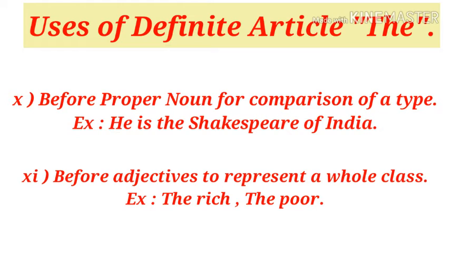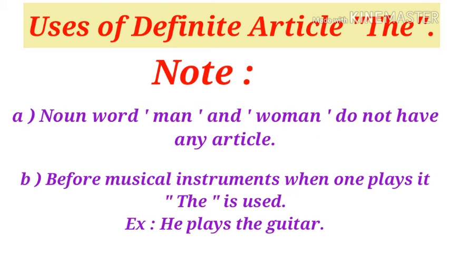Besides these rules, there are certain important things that we should know, and it is very necessary. Certain nouns, specially two nouns, for example man and woman, denote a whole class. Man denotes the whole class of men, and woman denotes the whole class of women.